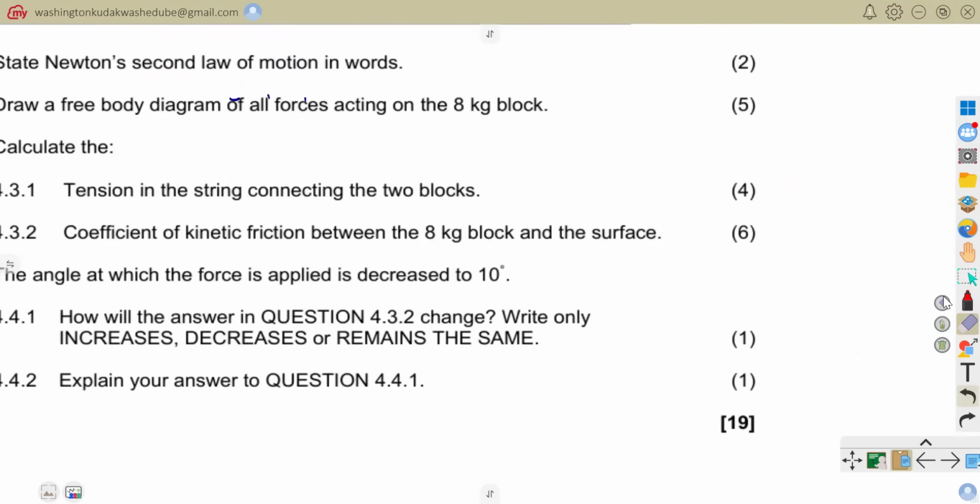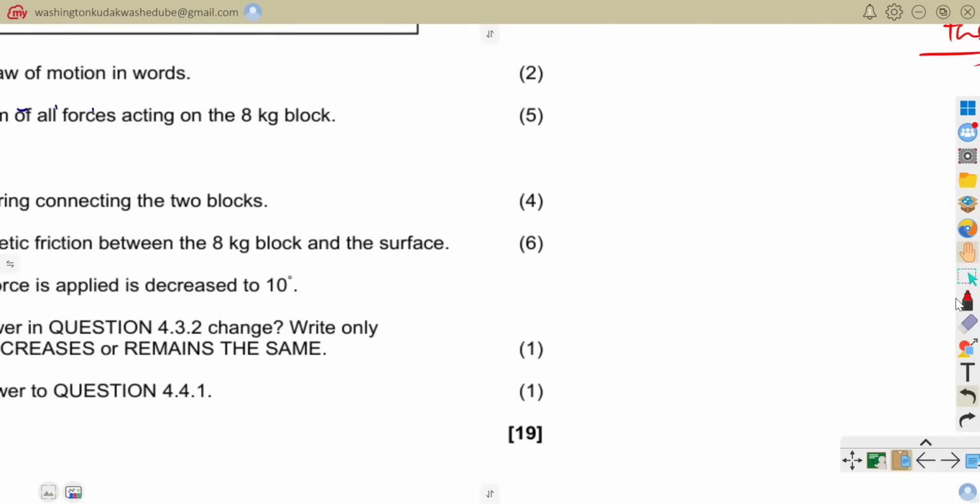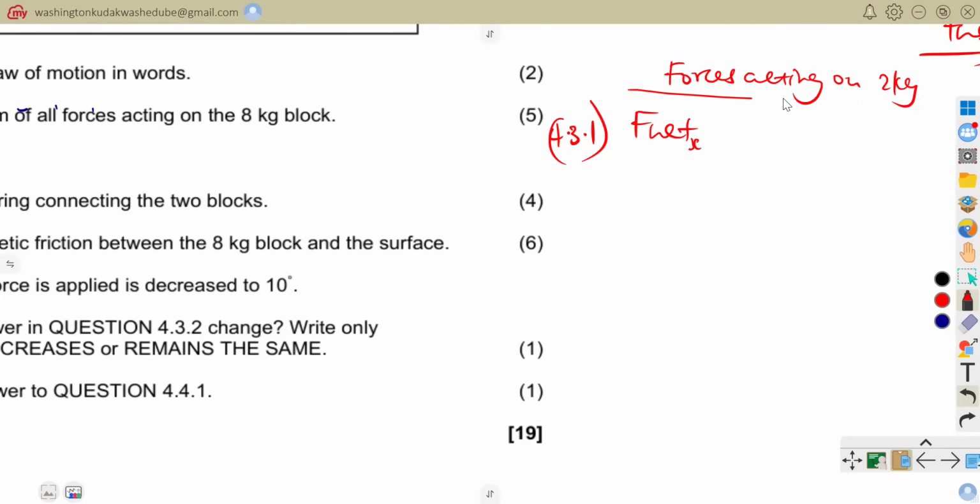We've already done that. Now, that is 4.31. And I'm saying F net in the x direction on our 2 kg block. So I'll say forces acting on the 2 kg block.